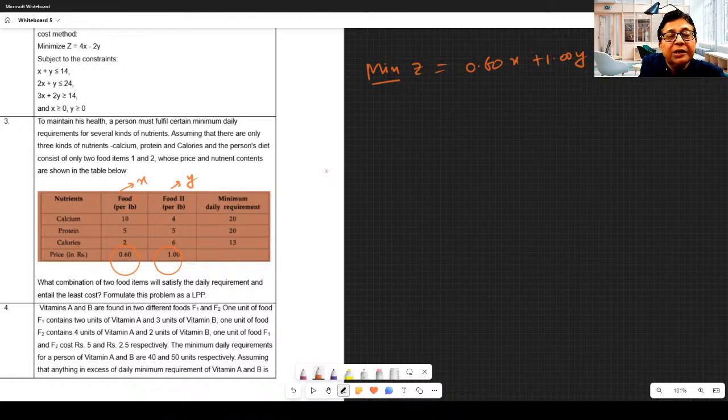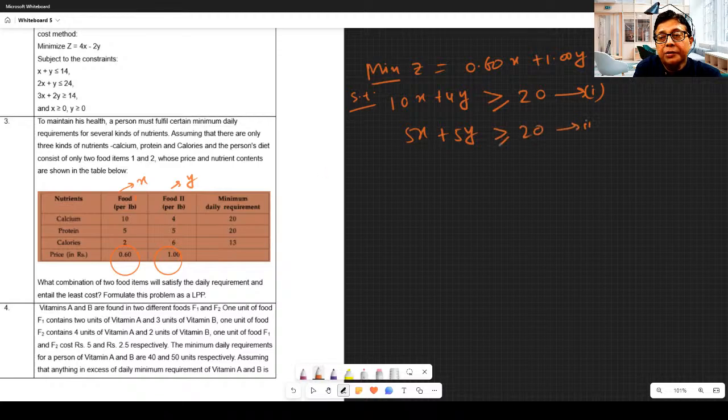Okay? What are the conditions over there? Food 1 x, so 10x subject to 10x plus food y, number 1 in equation, 5x, number 2, and calories also minimum this much required, so 2x plus 6y, isn't it?